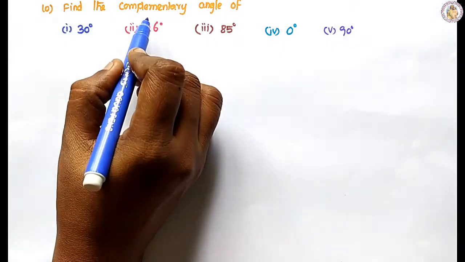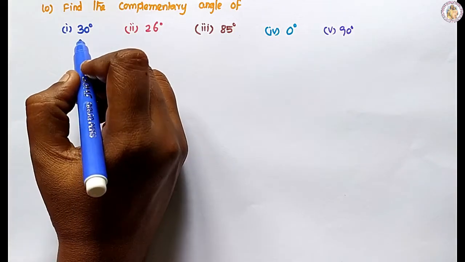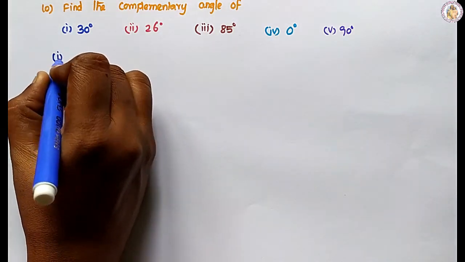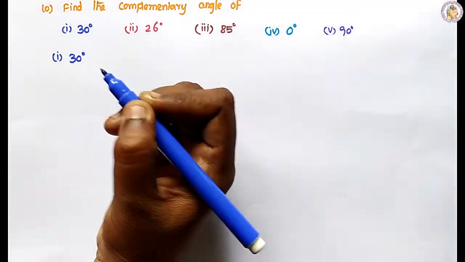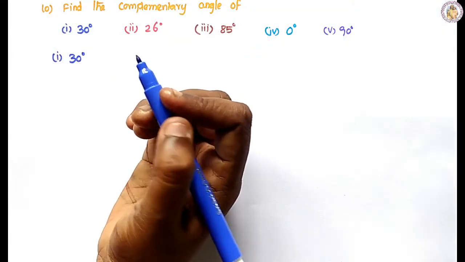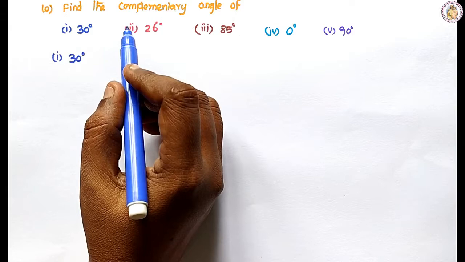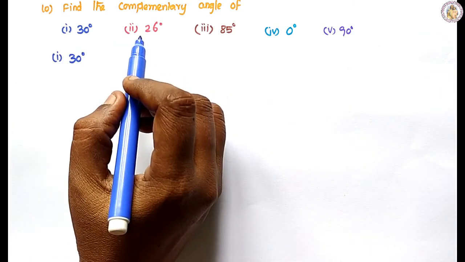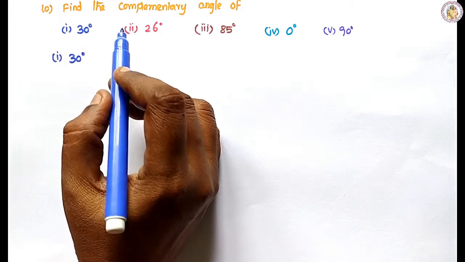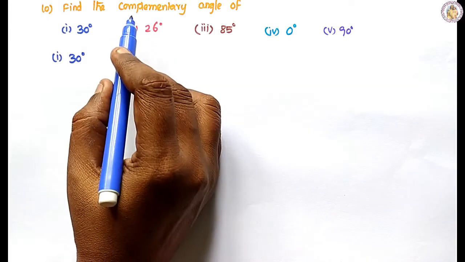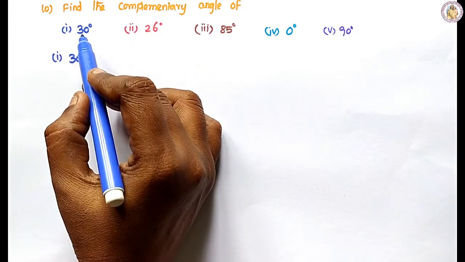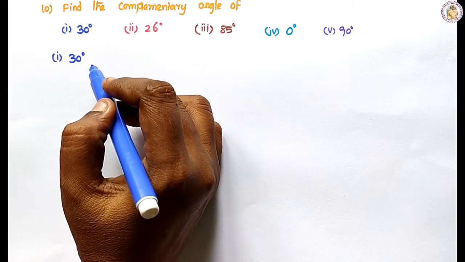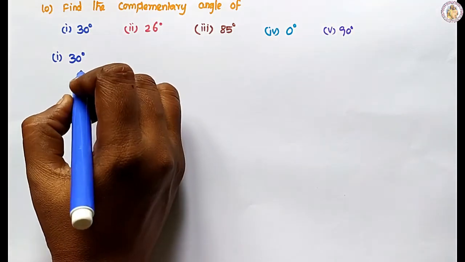10th one, find the complementary angle of the first one, 30 degrees. Complementary angle means if you add two angles, it should give 90 degrees. Then only it is a complementary angle. So the complementary angle of 30 degrees means they have given one angle. We have to find out the other angle.